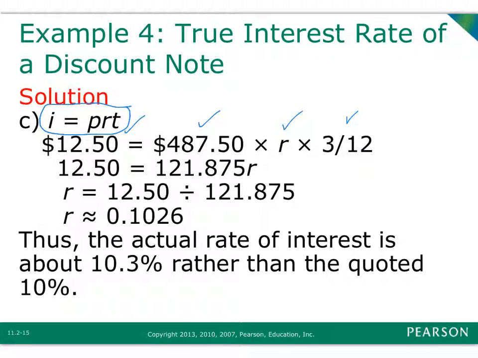When we do the calculation, we get $12.50 is equal to approximately $121.87 times R. Now we solve for R, so we divide $12.50 by 121.875, and we get an interest rate of a little over 10%, which is 0.1026.